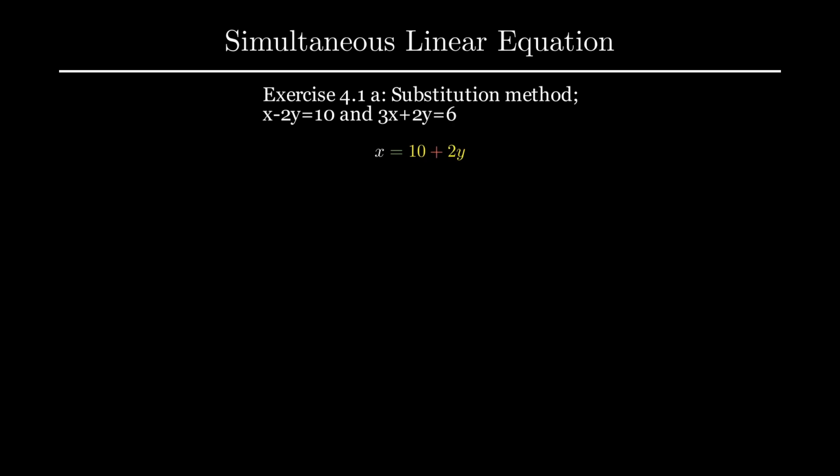First of all, we start by writing the equations. They have given us two equations. The first equation is x minus 2y is equal to 10, and the second equation is 3x plus 2y is equal to 6.